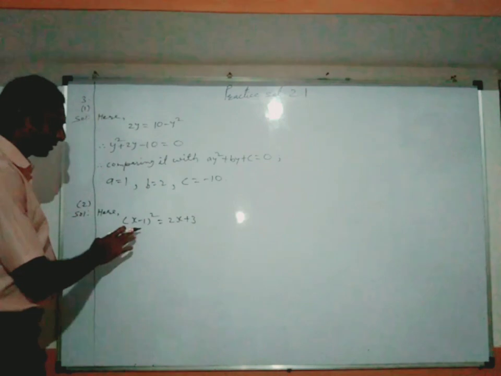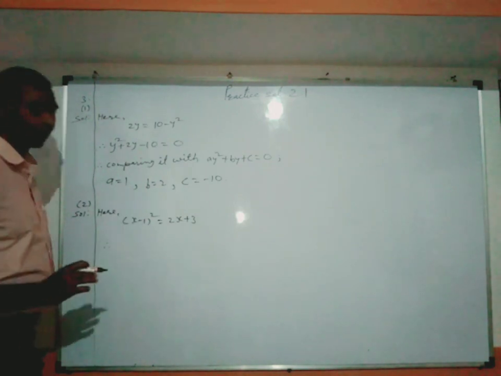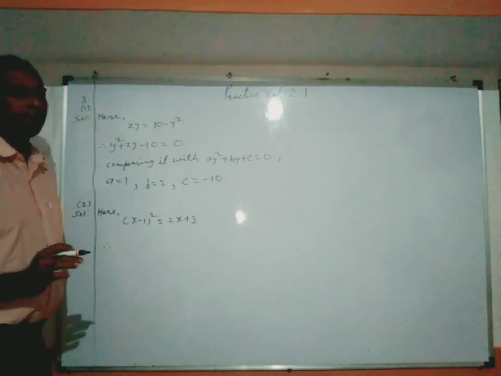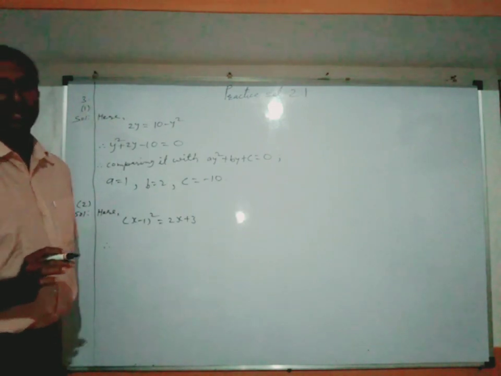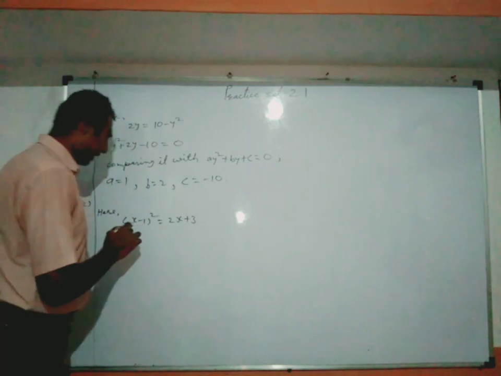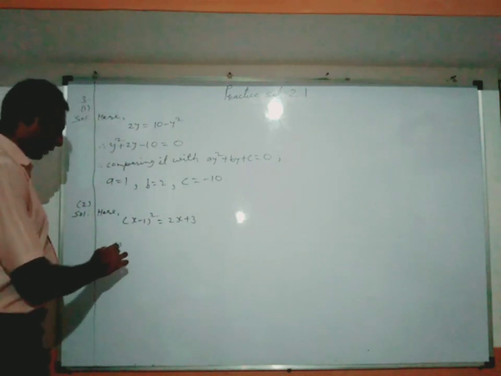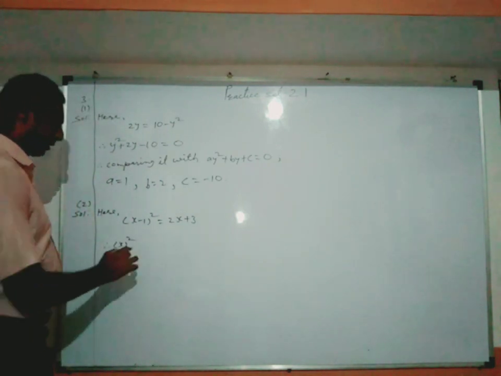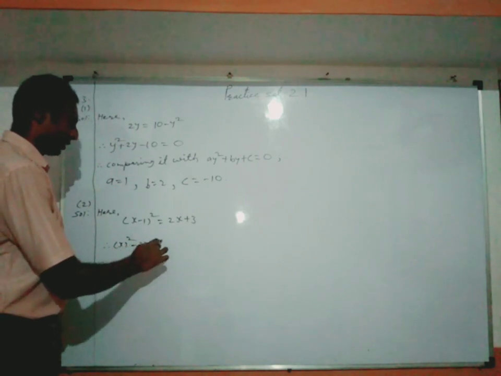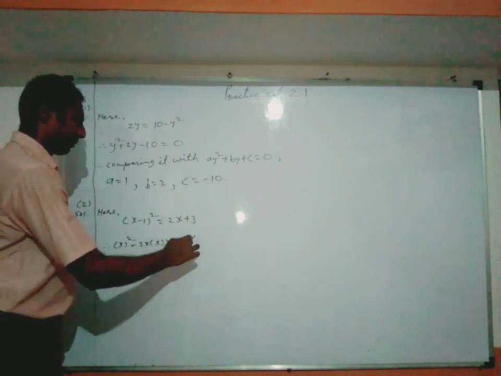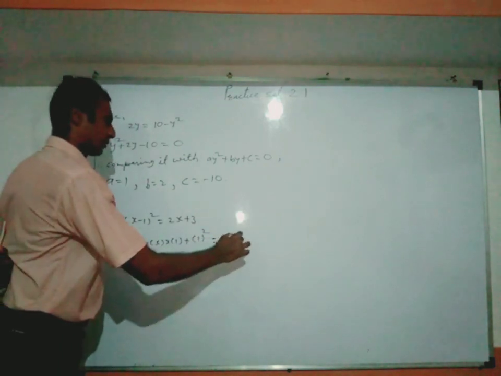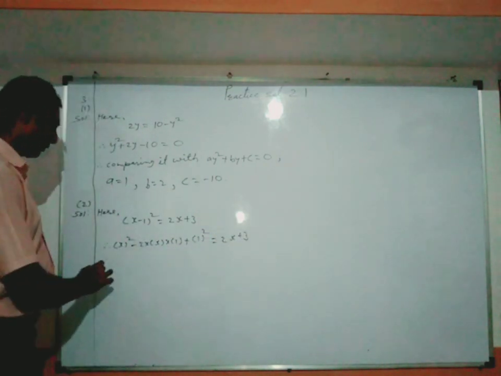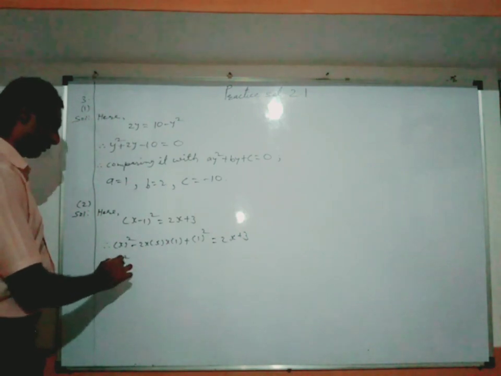Now LHS is in the form of (a minus b) whole square, and we know that (a minus b) square equals a square minus 2ab plus b square. Using that identity we can write the square of the first term, x square, minus 2 into first term into second term, plus square of the second term, that equals 2x plus 3.